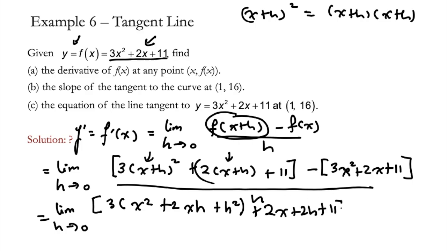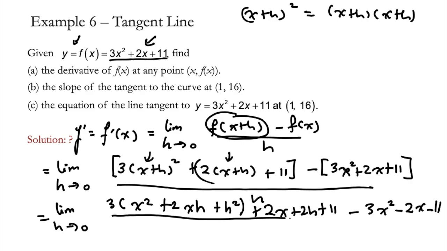So I close the bracket and then here I want to open a bracket. So 3x squared minus, because minus meets plus becomes minus, 2x minus, and for 11 also minus. In fact here I don't need to put the square bracket, because it doesn't change the sign. And divided by h.